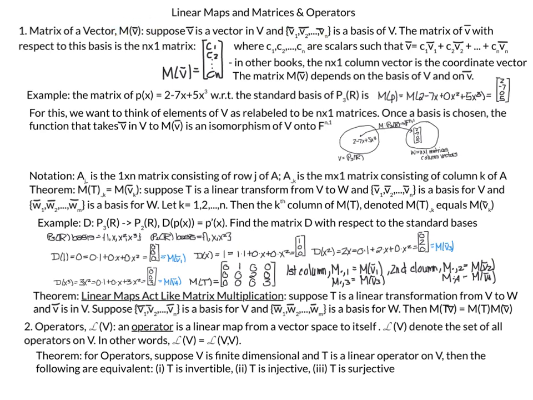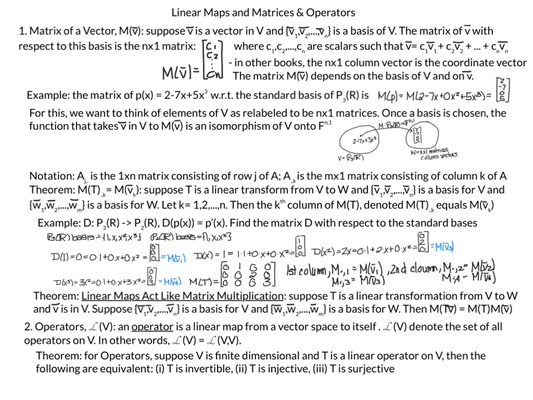So suppose T is a linear transformation from V to W. V1, V2, up to Vn is a basis for V, and W1, W2 up to Wm is a basis for W. Then the kth column of our matrix representing the transformation, denoted M(T) with a dot comma k, equals the matrix representation of T applied to the kth basis vector of V. We will do this example in the main part of our video to illustrate this theorem.